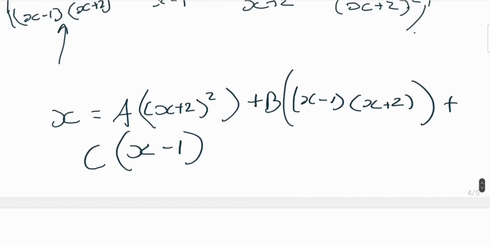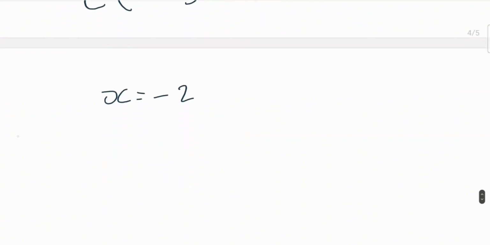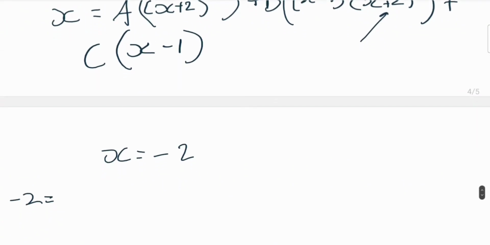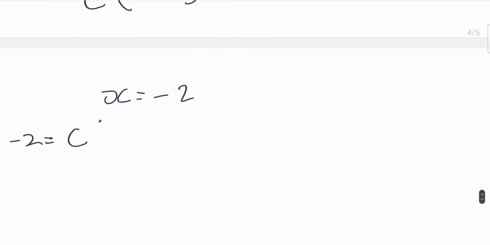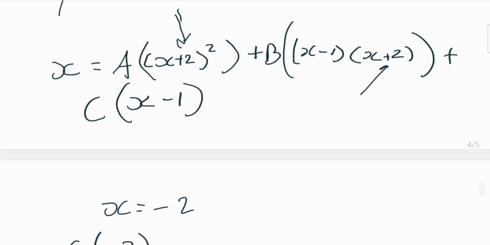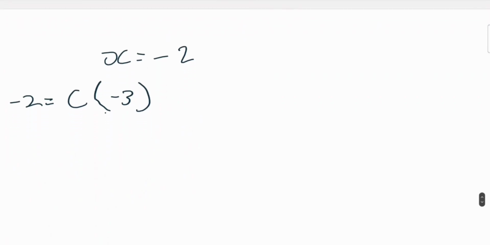Our first x value we'll assign will be -2, because this will cancel out this +2 here and this +2 here, letting us find the value for c. Okay, x is equal to -2. So that means that -2 is equal to c times -3. Alright? So that means that we can divide -2 by -3, and this will equal c.